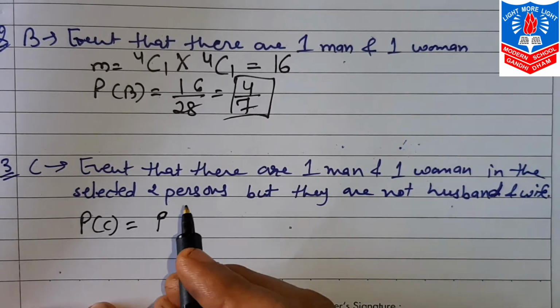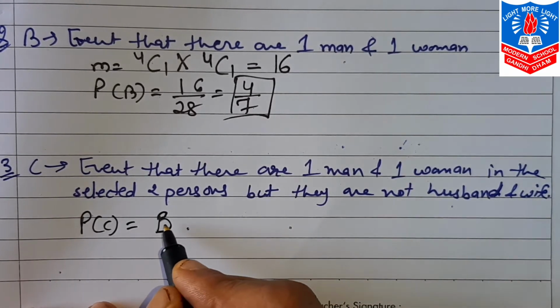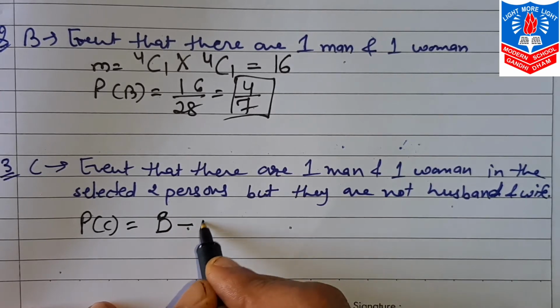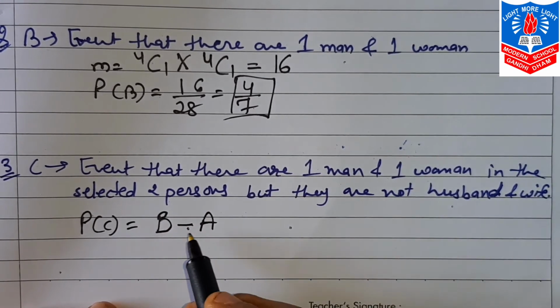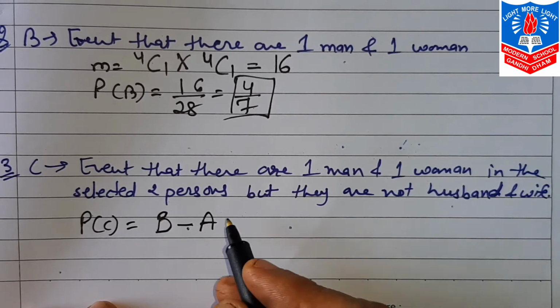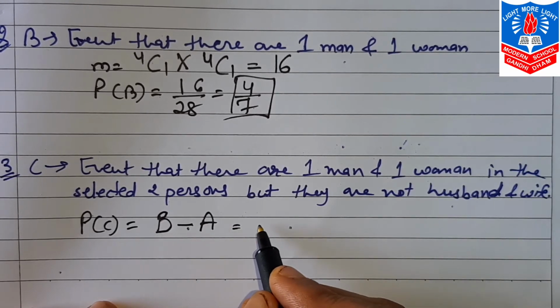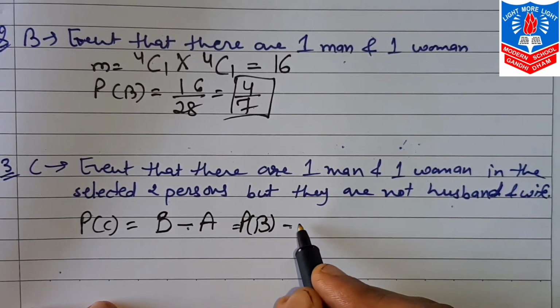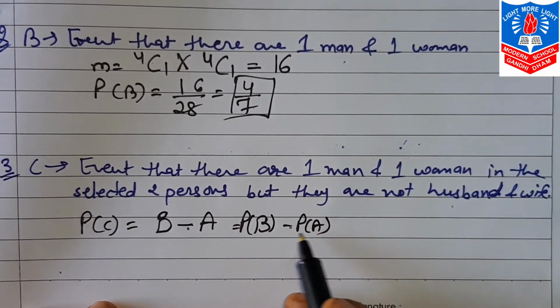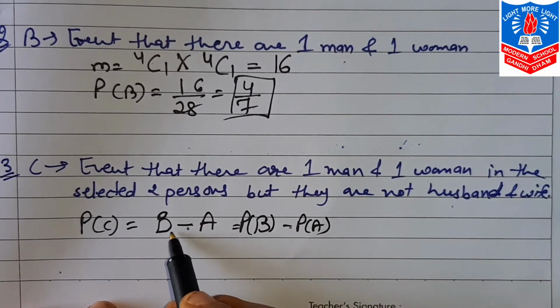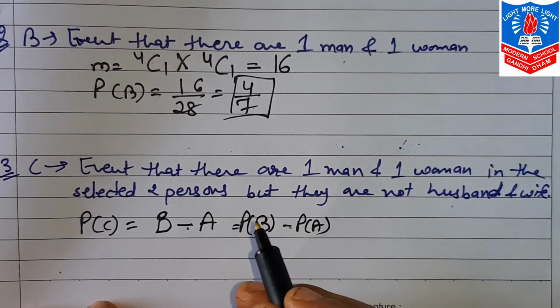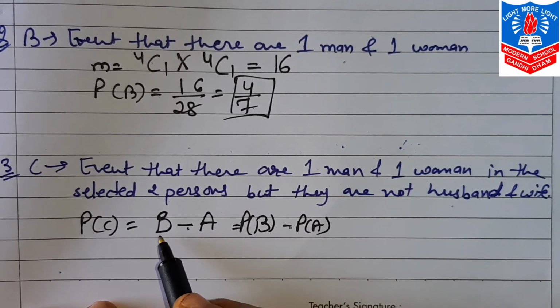How will we find this? If I subtract A from B, this is, if you remember, the difference event of B. We know that it is the probability of B minus the probability of A. If you subtract, you get B dash A, the elements which are only in B.